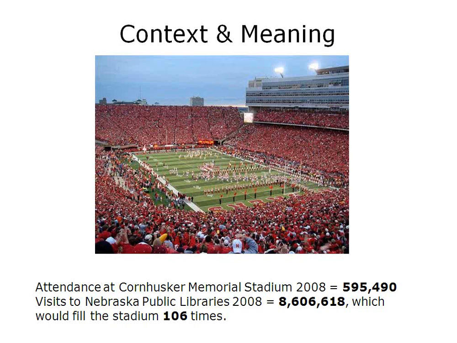Unless you provide a context, like what was the total last year, or what kind of circulation do libraries of similar size have for that same year. See, without that, it doesn't really mean anything. So for context and meaning on this slide, for instance, we have a graphic that everyone in Nebraska has seen.